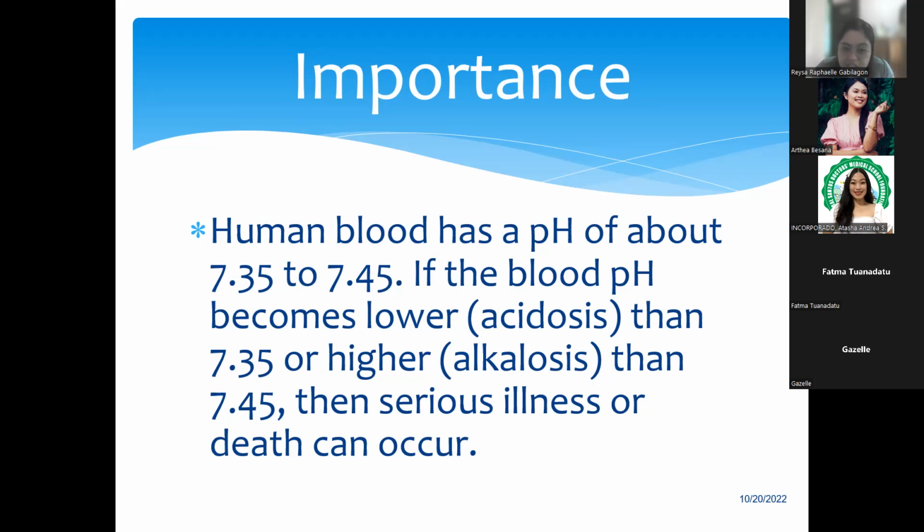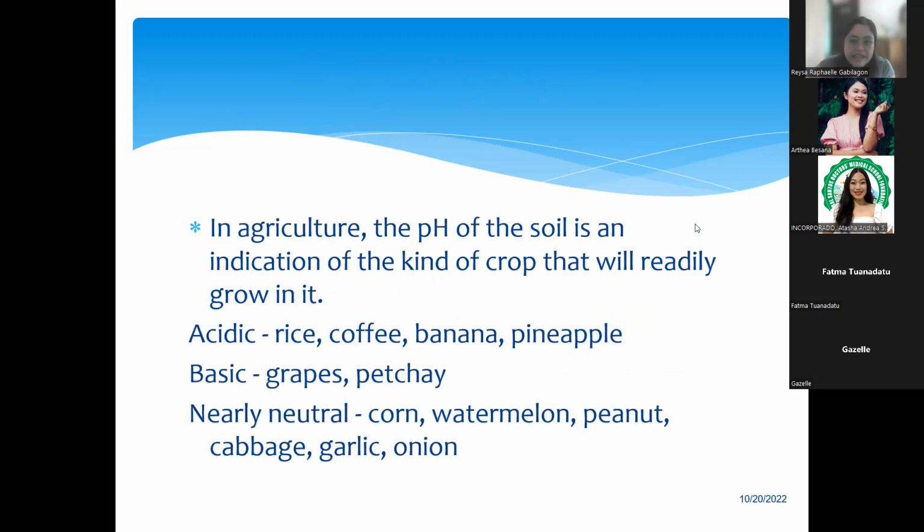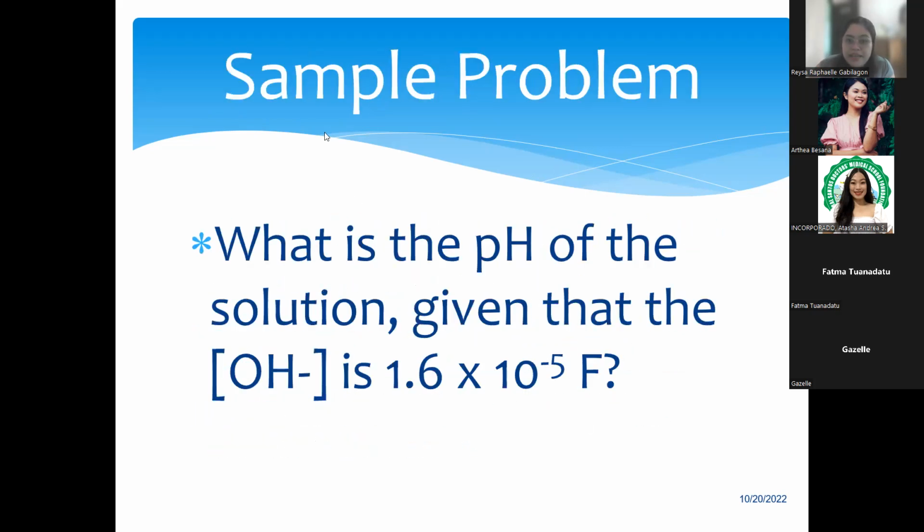Kasi if hindi siya the same pH, then it will be very painful sa mata kung sino man yung papatuluan mo dyan. Okay? So, ina-adjust natin yung pH ng lahat ng ating solutions or substances na ipapasok sa body natin. That is for the human body, ha.